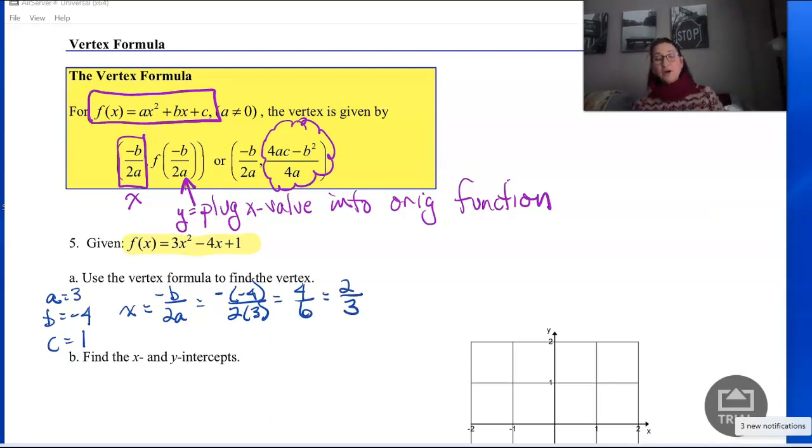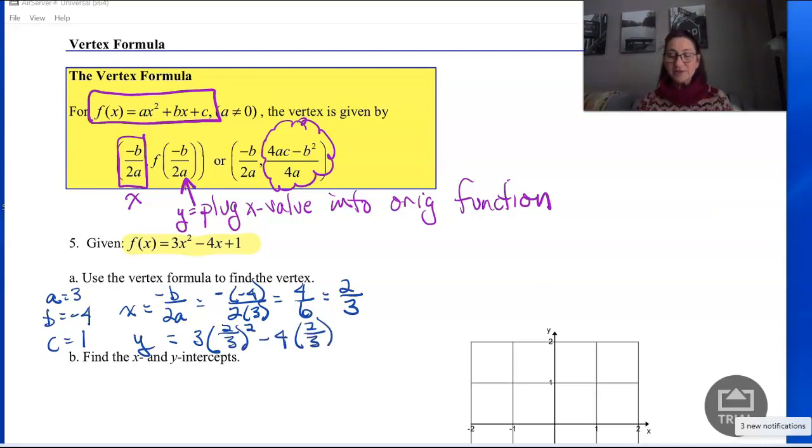Okay, so now to find the y part of our vertex, I just plug it into that quadratic function. So that'll be 3 times (2/3) squared minus 4 times 2/3 plus 1.